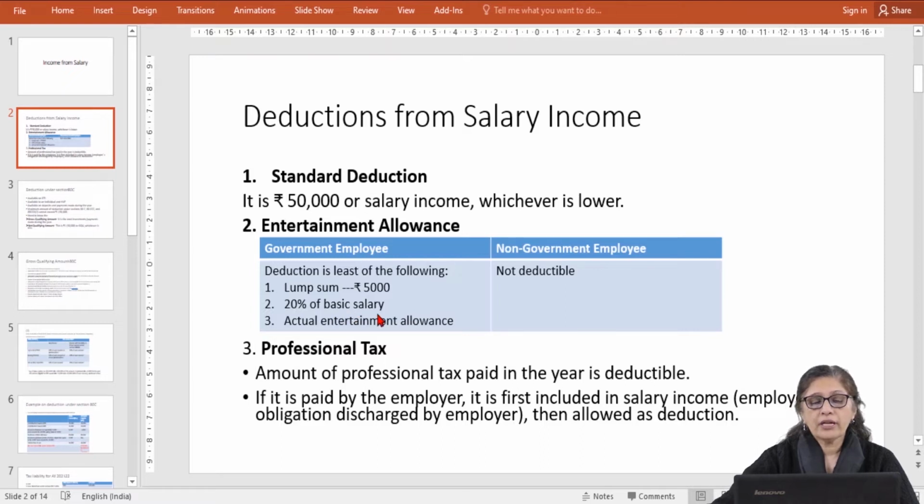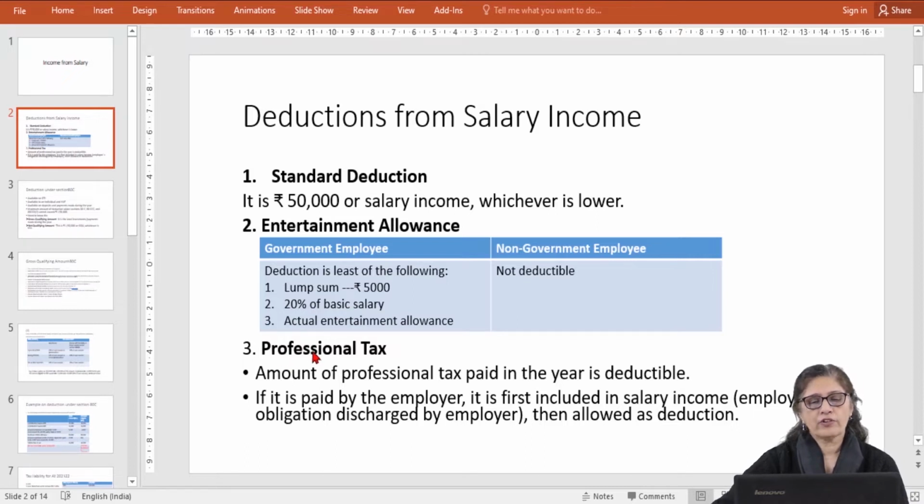Two, 20% of basic salary. So we neither consider DA nor commission, only basic salary. And three, actual amount of entertainment allowance. So the least of these three, if at all the employee is a government employee, is deductible from gross salary.